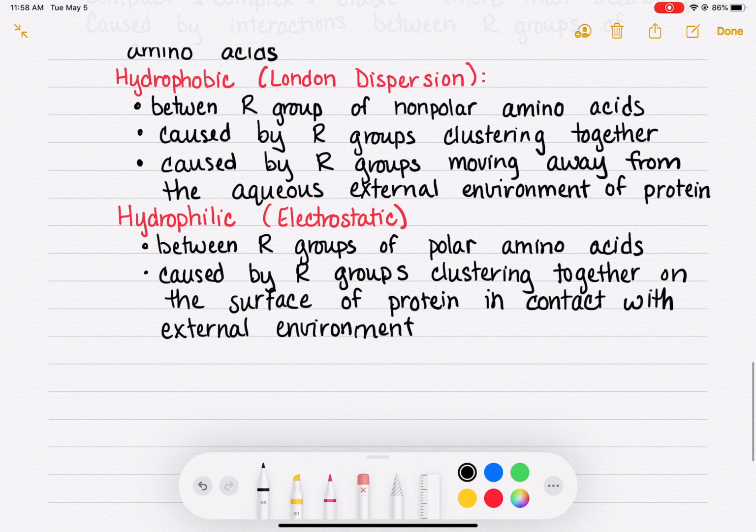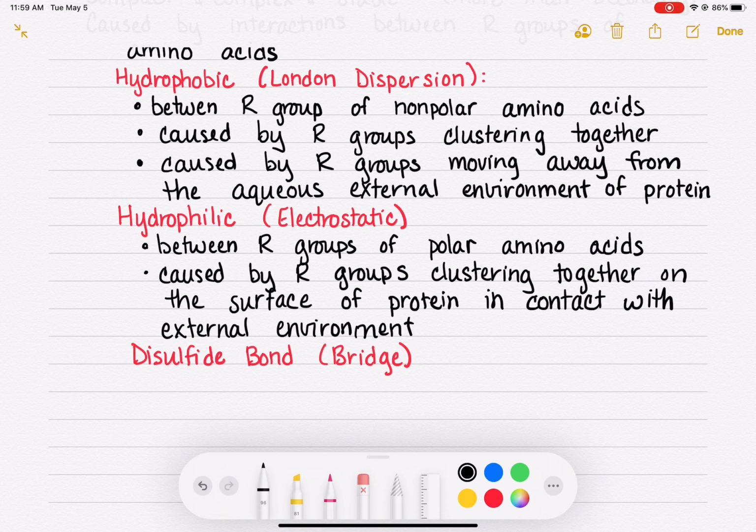And then the third type, the last type, is very specific, and this is called a disulfide bond. And it also is called a disulfide bridge. The hydrophobic and hydrophilic are pretty generic.